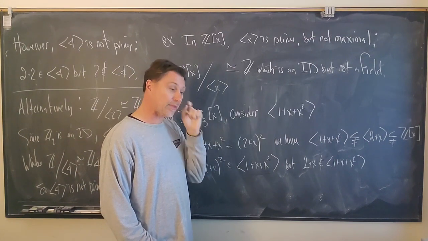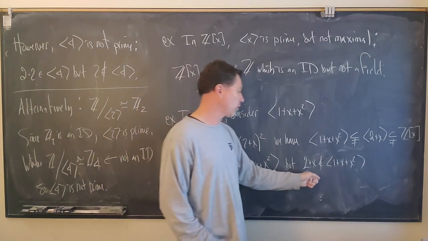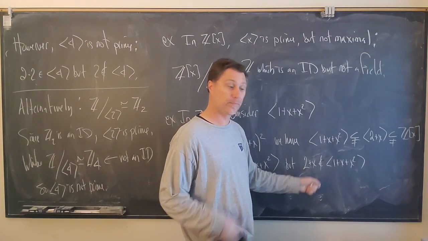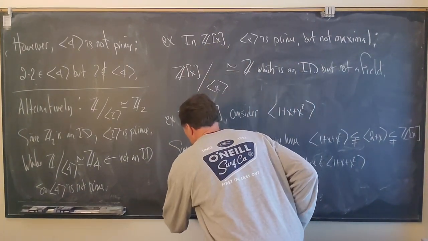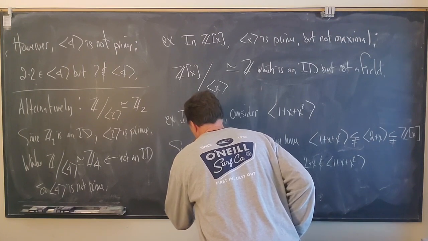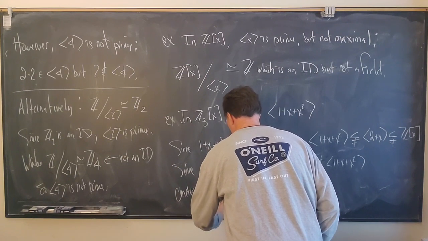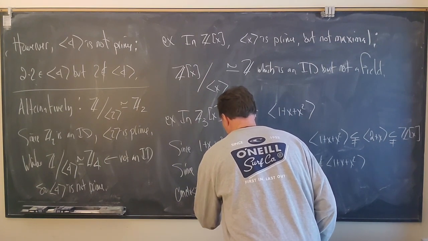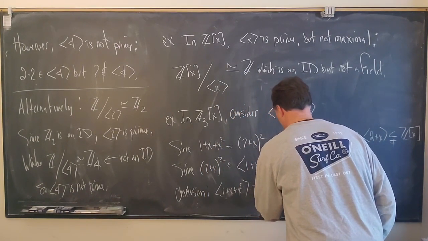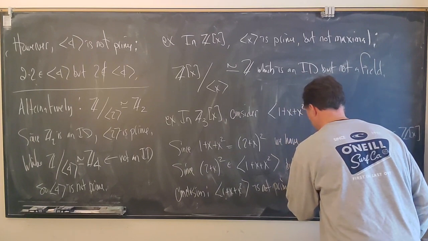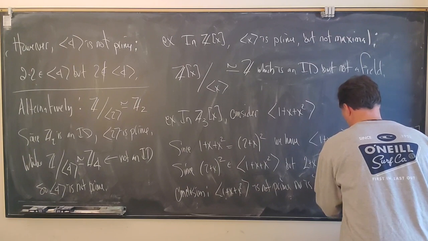Which means if you're not the zero polynomial, then you have to have degree at least 2, which means that no degree 1 polynomial is going to live inside this ideal. So what does this tell us then? So conclusion, the ideal generated by 1 plus x squared is not prime, or is it maximal?